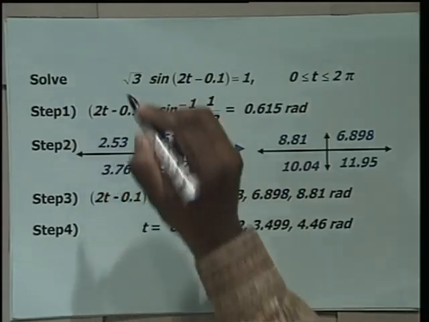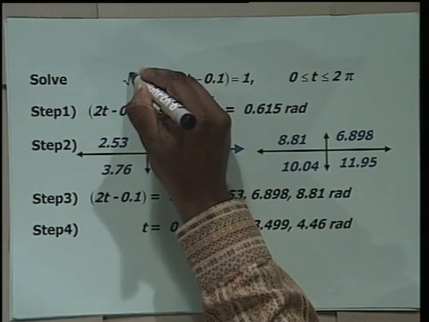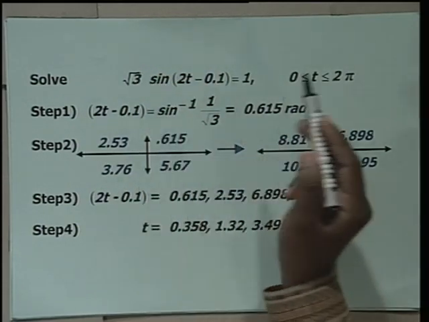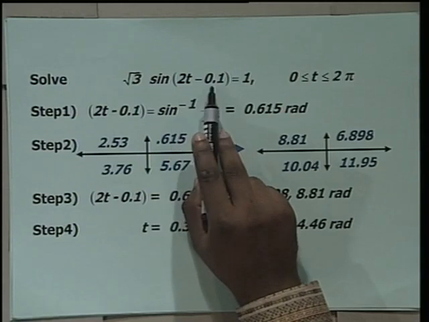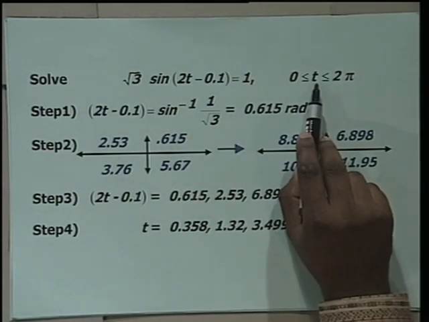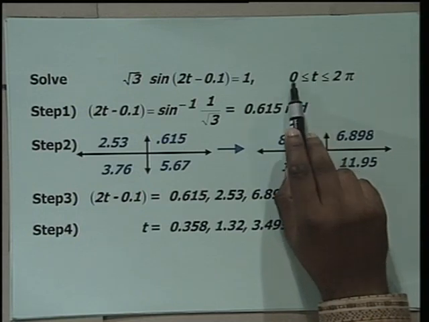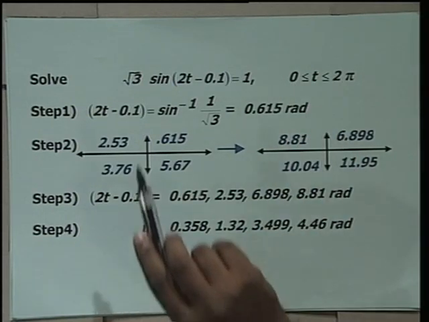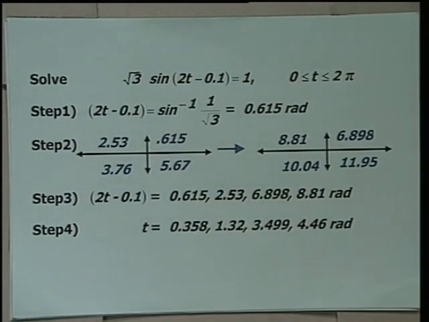We are going to take another example to show to you how to solve trigonometric equations involving multiple angles. So the equation we're going to consider is the following. Square root of 3 sine(2t - 0.1) equal to 1. In fact, we are looking for all the angles t which have value between 0 and 2 pi and which satisfy this equation.